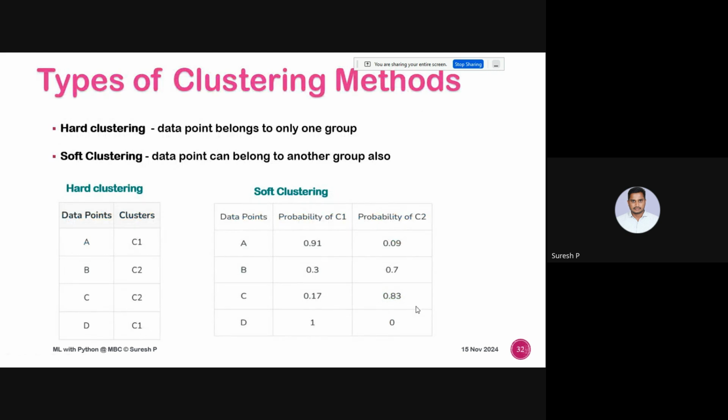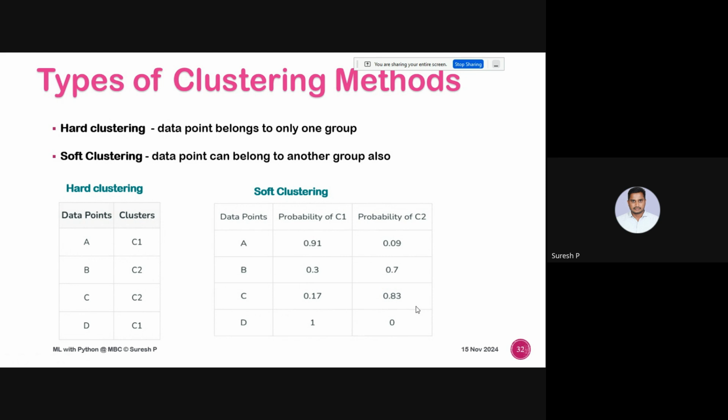In clustering, we have two types of clustering methods: hard clustering and soft clustering. In hard clustering, the data points belong to only one group. Whenever a data set contains multiple data points, in the hard clustering technique every data point belongs to only one group.